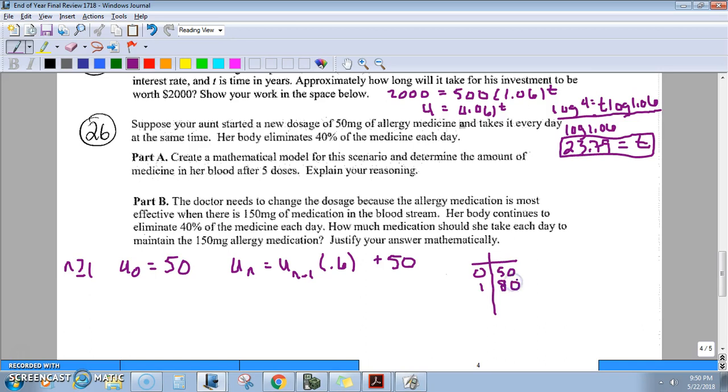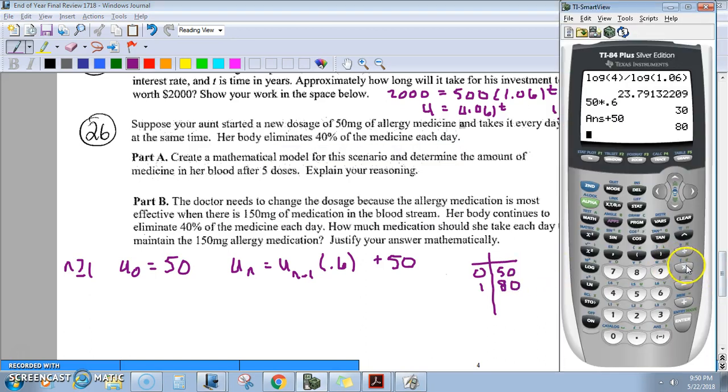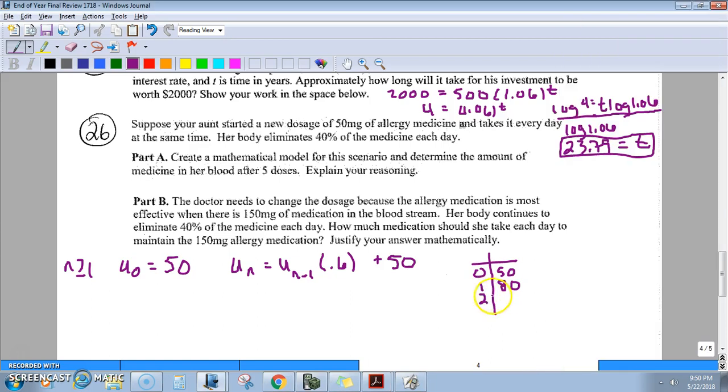I'm doing this fast, you guys. I hope you're checking my math. So then 80 times 0.6, enter, and then we're adding 50 more. So then that next day we have 98, or the next dose. It's saying doses. 98. Okay, I'm going to pause it and do it so we're not wasting tape.